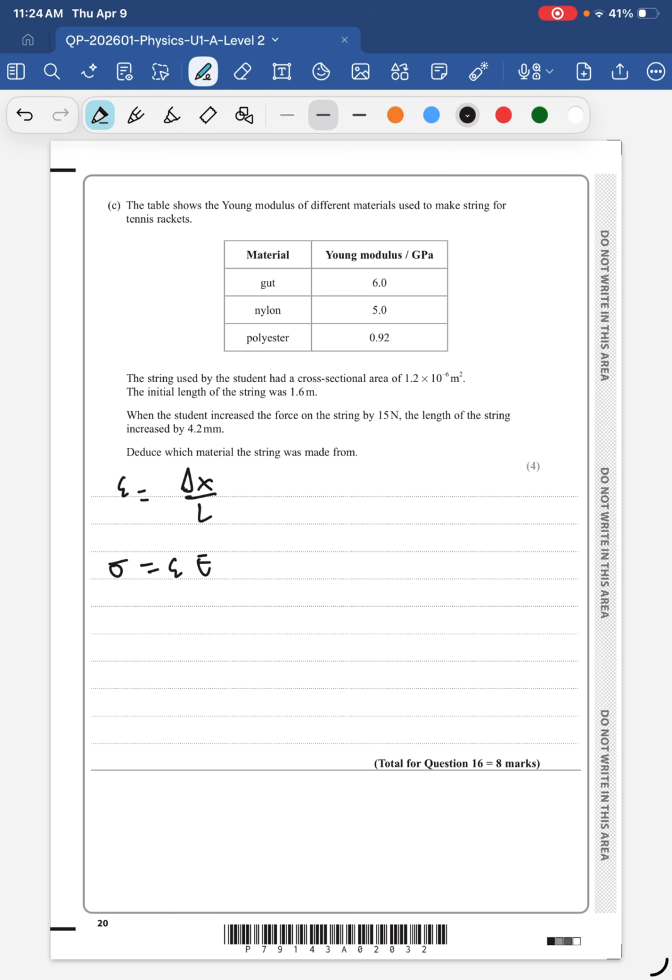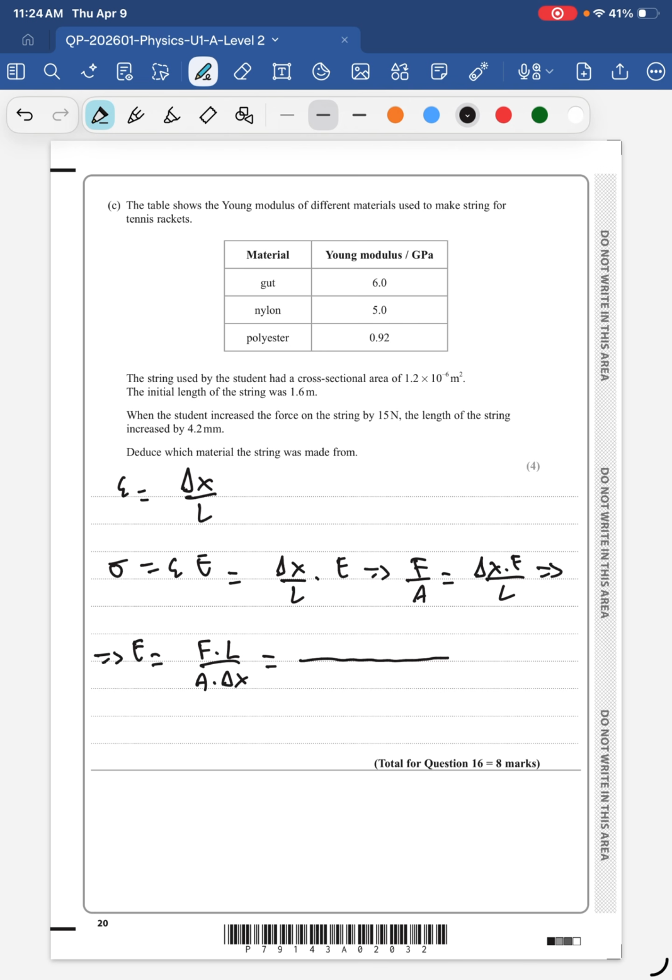So basically that's equal to delta x over L times the Young's modulus, and therefore force over cross-sectional area is delta x times E over L. So the Young's modulus is force times L over A times delta x.